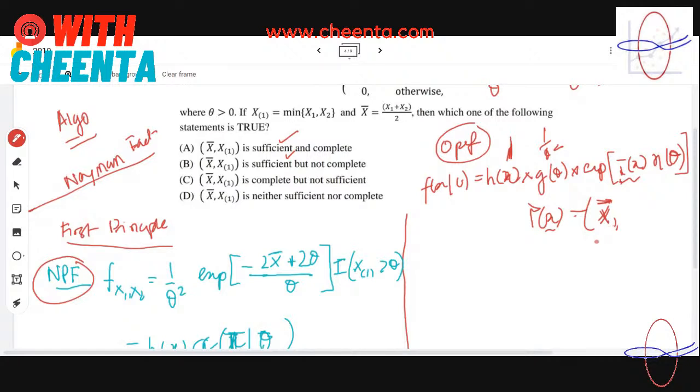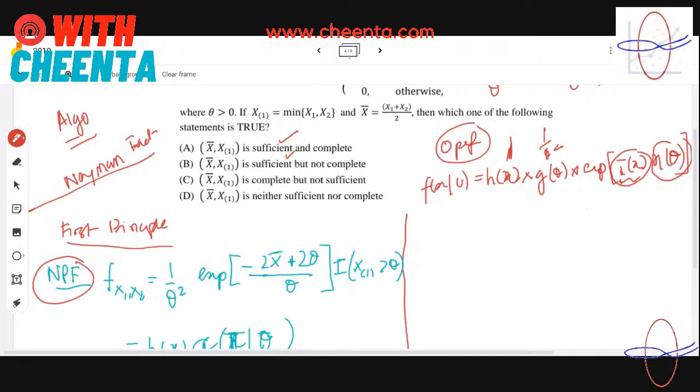Oh, I'm so sorry. It's not in this form. Whenever there is an integer random variable, no, wait, just let me think. Yeah, it's not in OPEF form because it should be of the form t of x times rho of theta, which is not the case because x and theta are together. x by theta, you understand x and theta cannot be separated from each other.